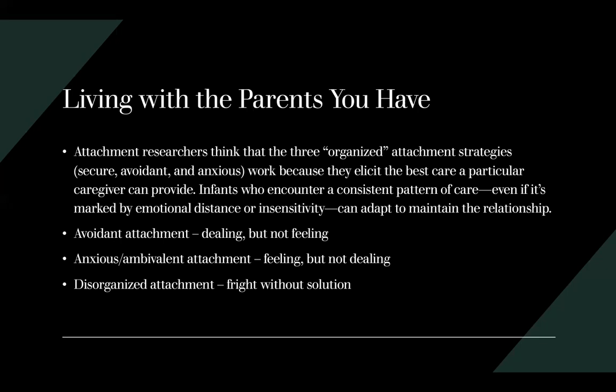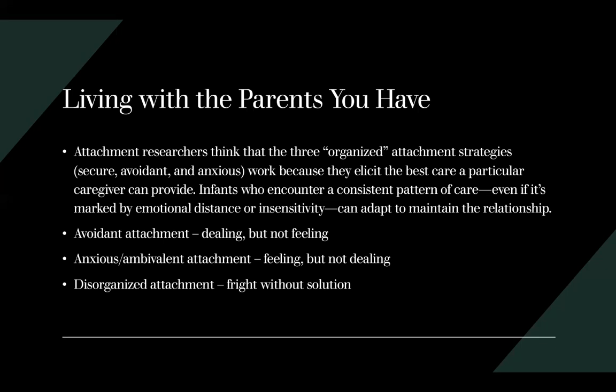So I'm going to suppress this distress or this hurt, and I'm just going to go through this. And then anxious or ambivalent is you're feeling, but you're not dealing. It's this anxious undertone, where again, this can look clingy, but not really being soothed.